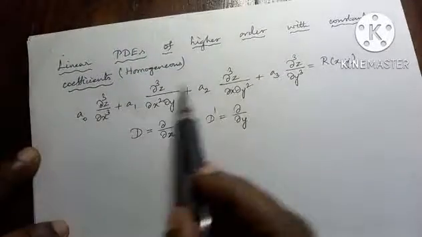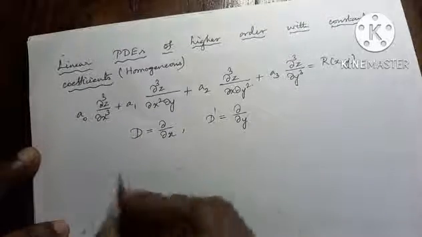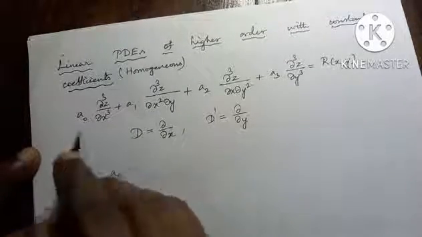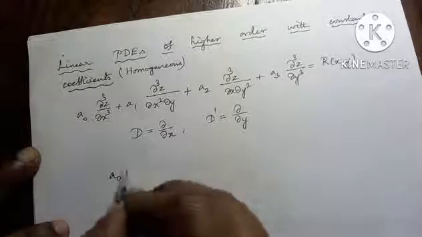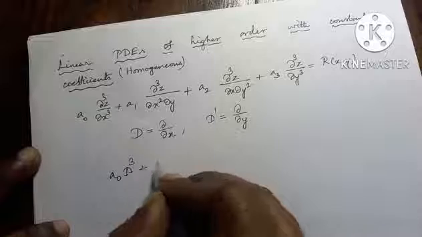You can take z common from all the terms. A0 into, since ∂/∂x is D, this becomes D cubed, take z common.